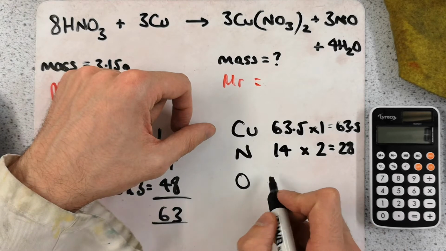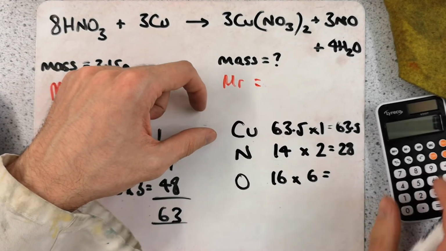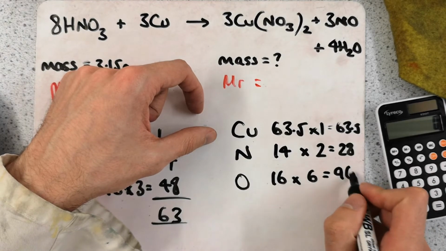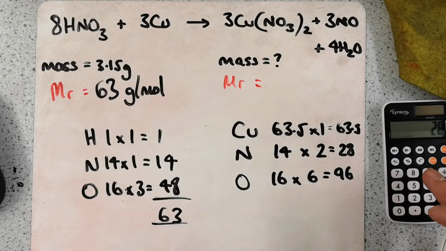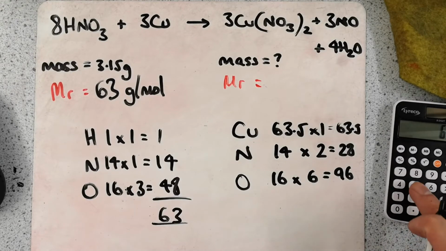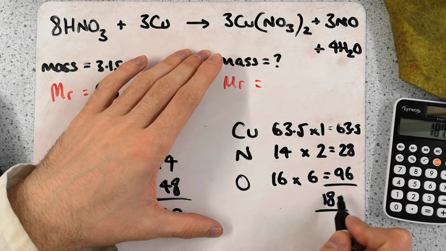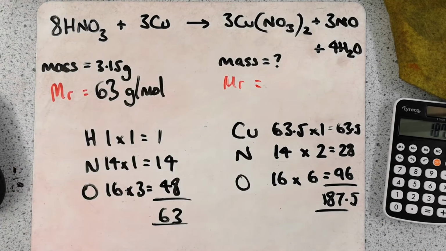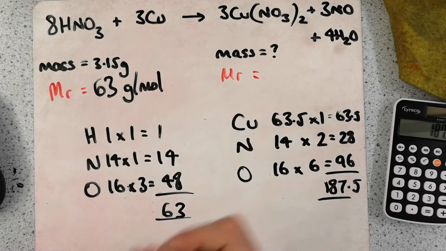So that gives me 6 oxygens, and they weigh 16 each. So 16 times 6 is 96. If I add that up, I get a molecular mass of 187.5. So that's my 2 MRs. Units of MR are grams per mole.